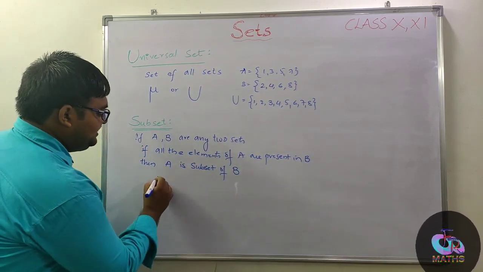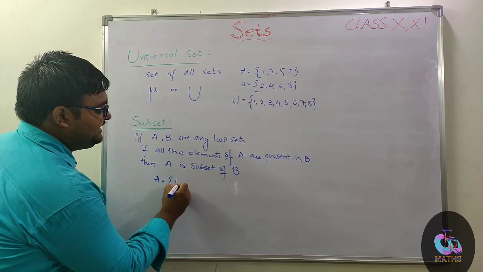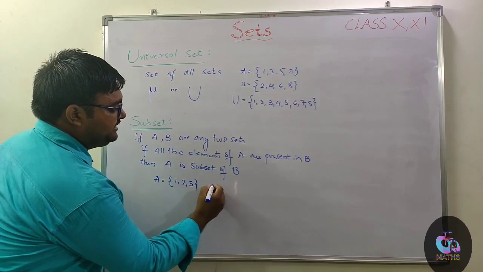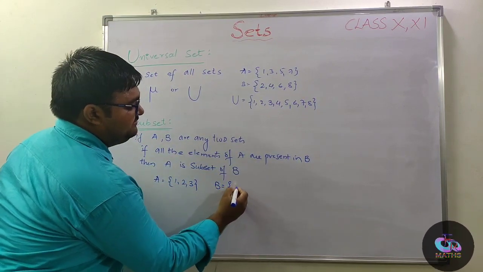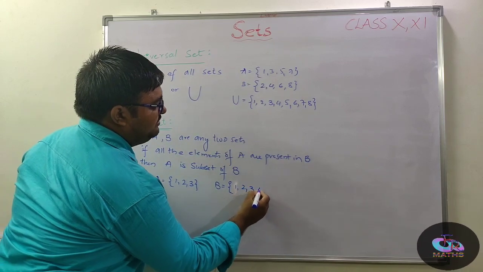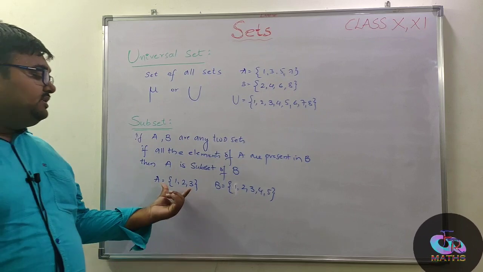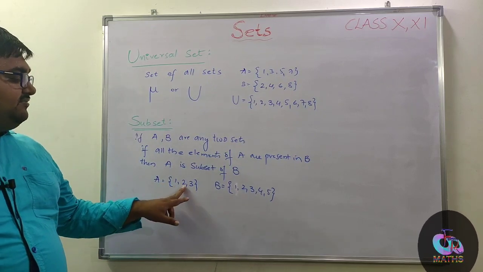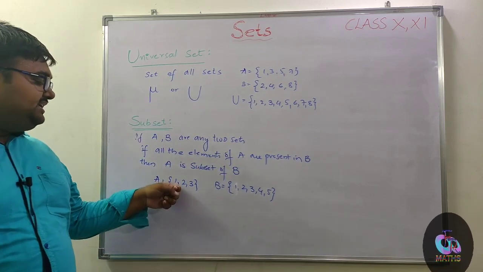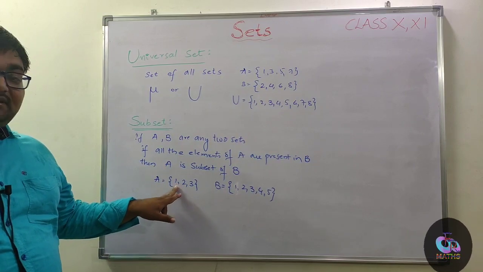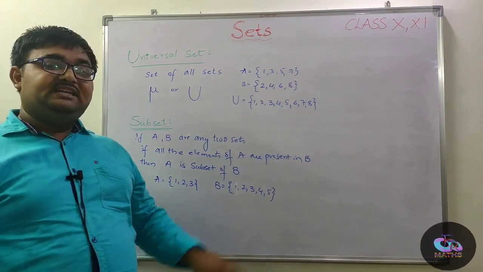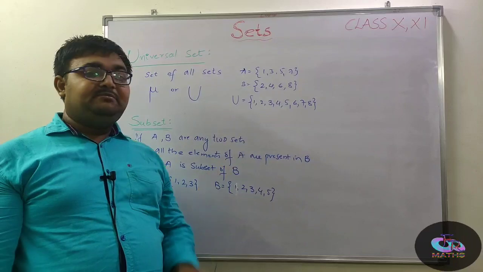For example, set A contains the elements 1, 2, 3 and set B contains the elements 1, 2, 3, 4, 5. Now if you observe each and every element of set A, the elements present are 1, 2 and 3. In set B all those 3 elements are present.